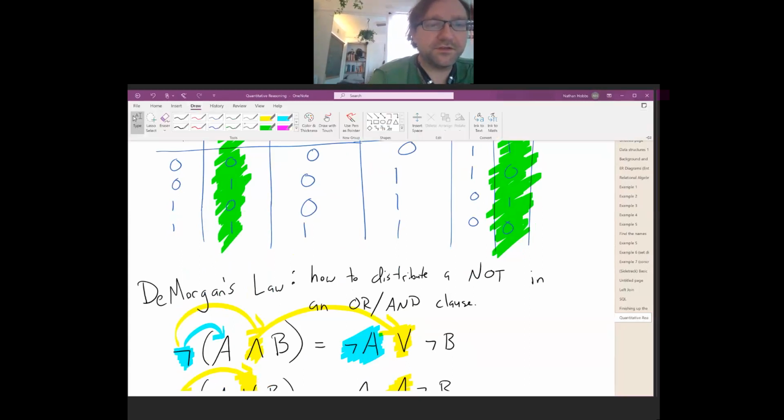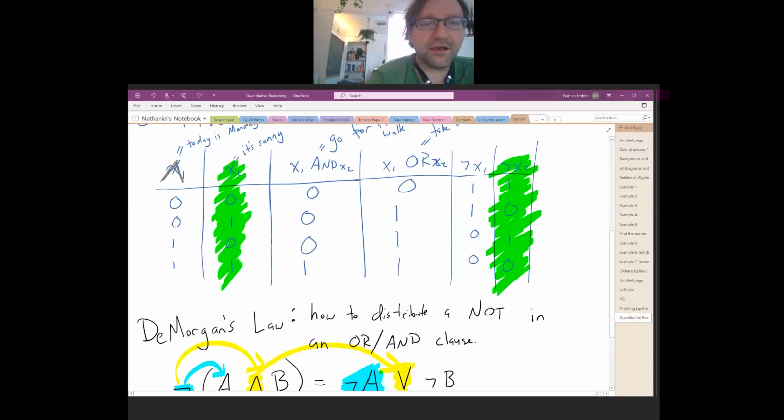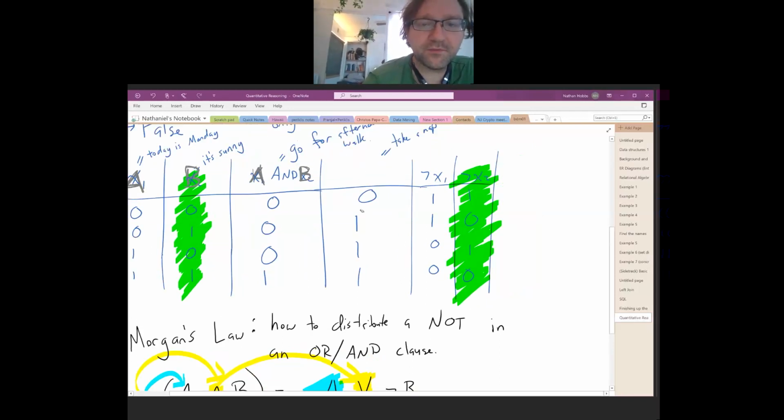Above, you can call this A and this B. Here we already have A and B. Let me erase this, and I can compute not (A and B), which is just taking this column and flipping all the bits.